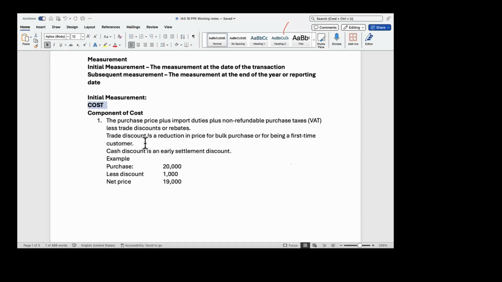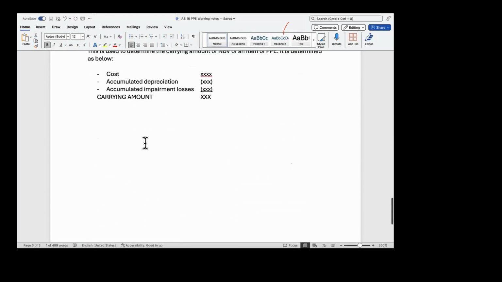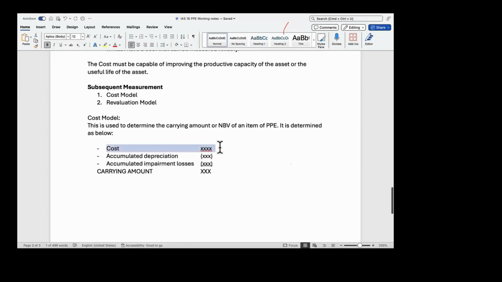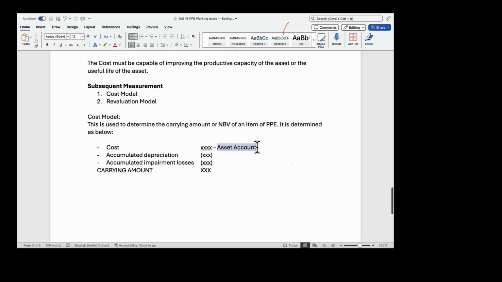By the time you determine your initial measurement at the date when the asset is ready for use, that is where you will get your cost. And in fact, this is usually the asset account, because asset account is always at cost when you are using cost model.